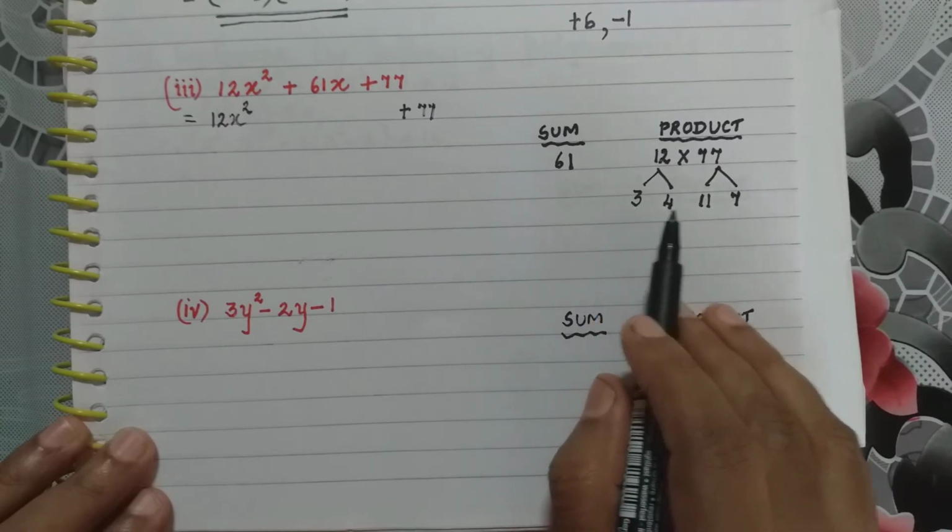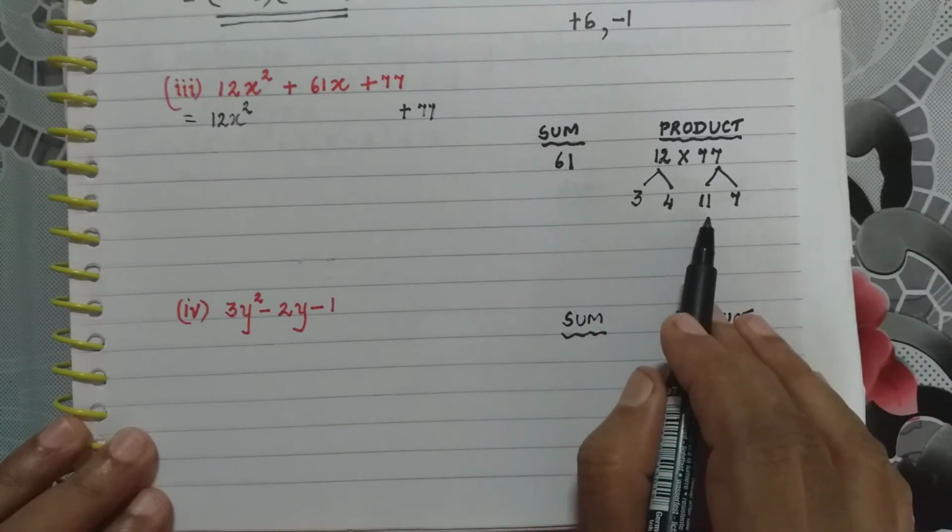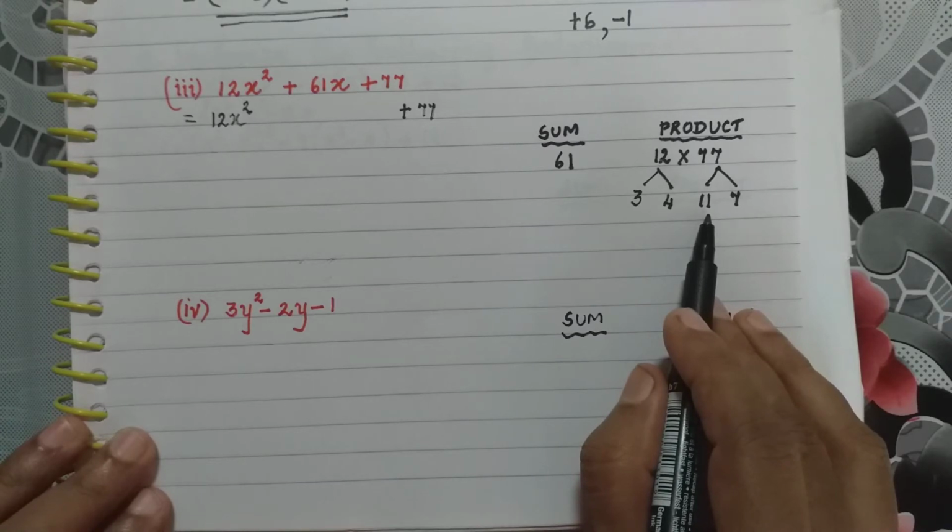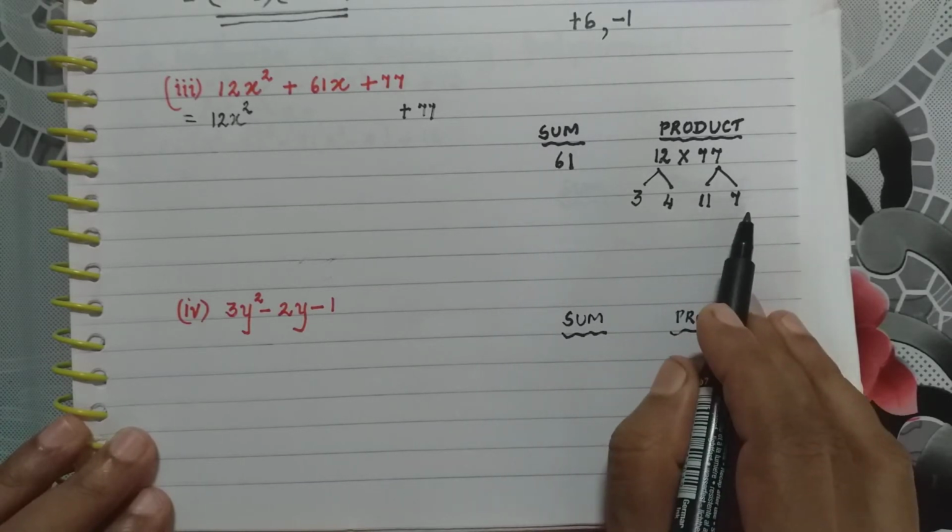Now suppose I multiply 3 into 11, I will get 33. 4 into 7, I get 28.